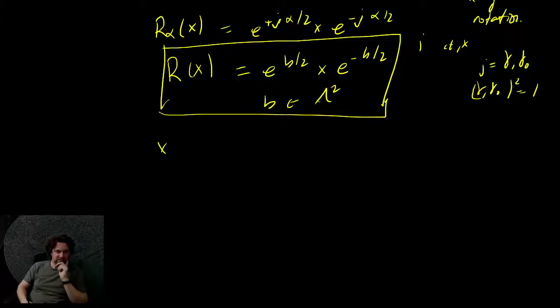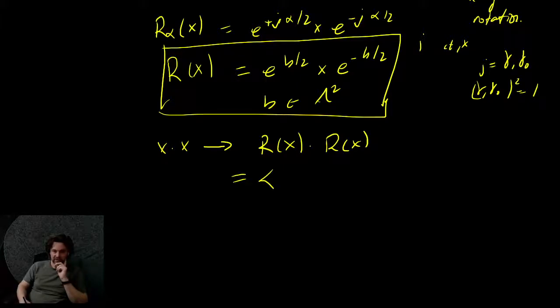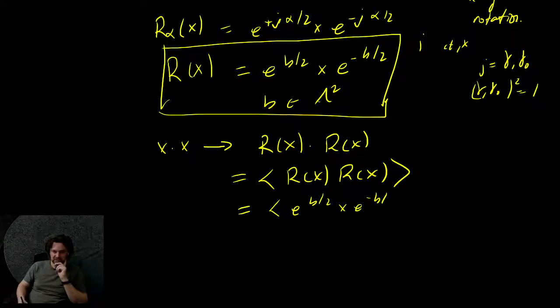So if we have a dot product and we rotate, so we're transforming to the rotation in space or in space-time, that is just going to be the scalar part of the square of the rotated or Lorentz transformed quantity, which is e to the b by 2, x e to the minus b by 2, e to the b by 2, x e to the minus b by 2.